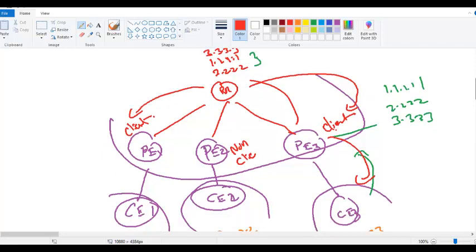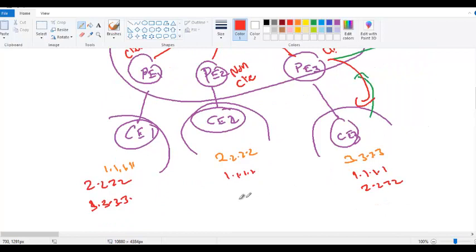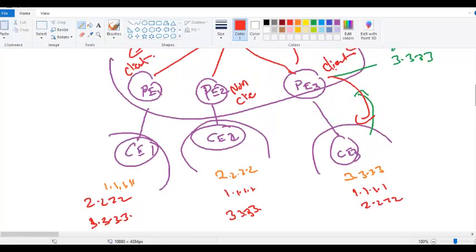This reflection will happen, no? Now, everyone knows these things. What many people do not know is that even this router will know about 1.1.1.1 and 3.3.3.3. That's what I'm trying to explain to you. Focus.